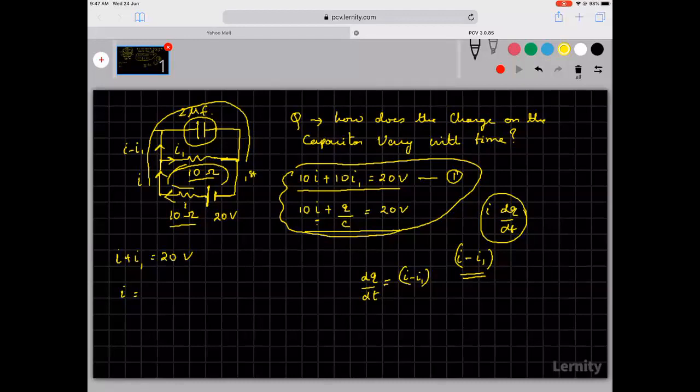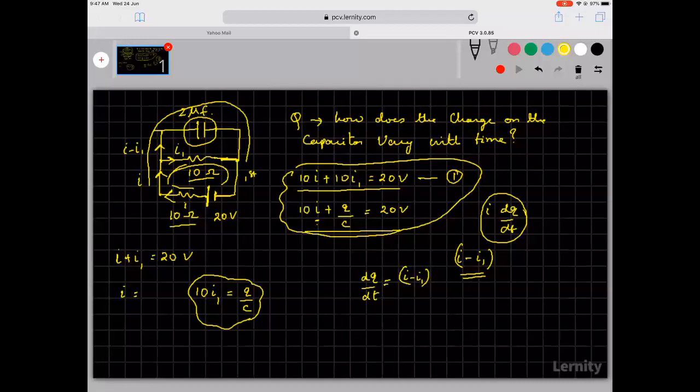Very simply, what I can see is that 10 times I1 is equal to Q by C. So 10 times I1 is equal to Q by C. I want to write in terms of... so what can I do?